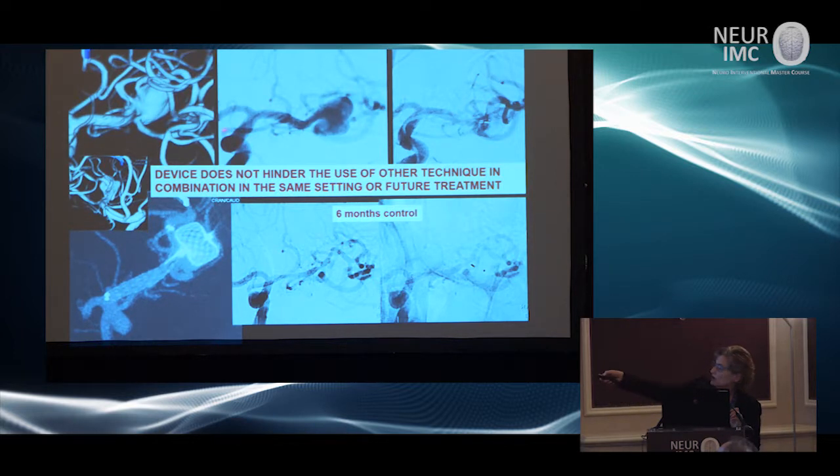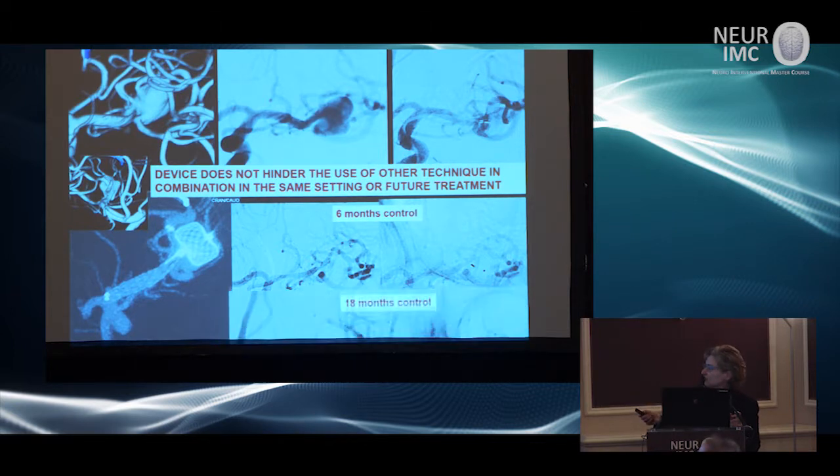At the beginning, it may have been very difficult to catheterize this branch. However, by using the VEP device as the support, it was so straightforward. So we put a regular stent, it was an Aquino at that time. And this was the 6-month control, stable results.